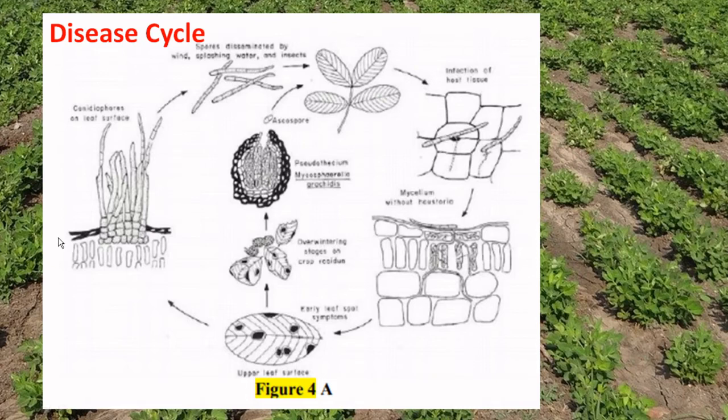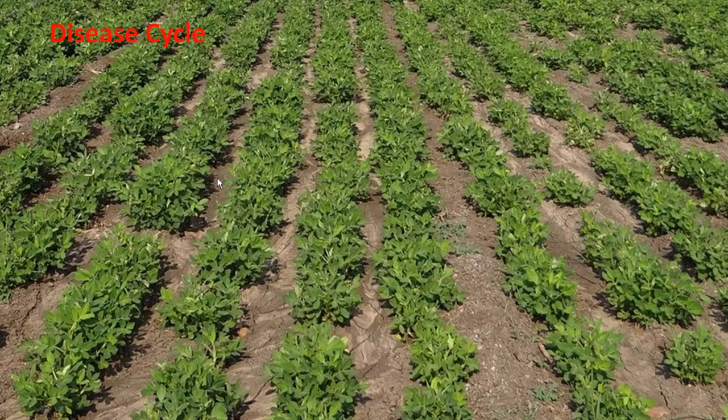These conidia may get detached and become inoculum or a natural source, and by natural agents like rain splashes, wind, or insects, they may be transmitted from one place to another, and in this way the disease cycle is completed. So what we are discussing is the disease cycle with reference to early leaf spot disease.